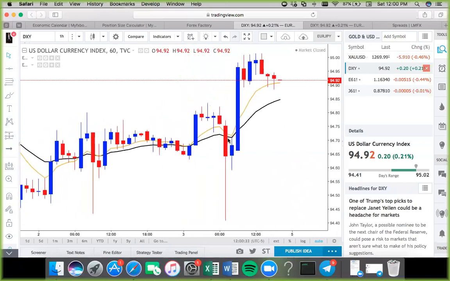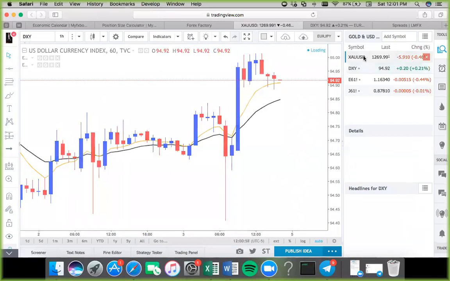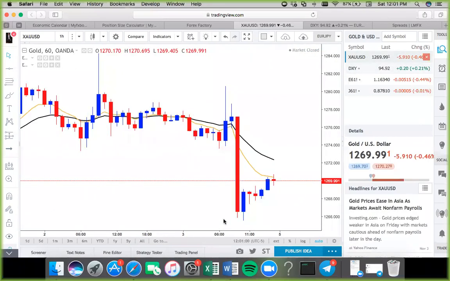When the DXY, the US dollar currency index, strengthens, any pair like gold that has US dollar behind it is going to sell. It's all inverse, because if the USD goes up, XAU has to come down. If I click on XAU, I guarantee you it dropped. You see that?